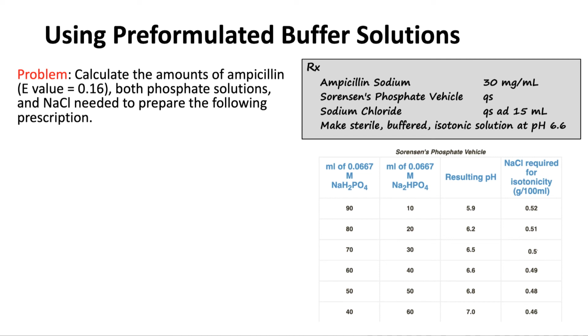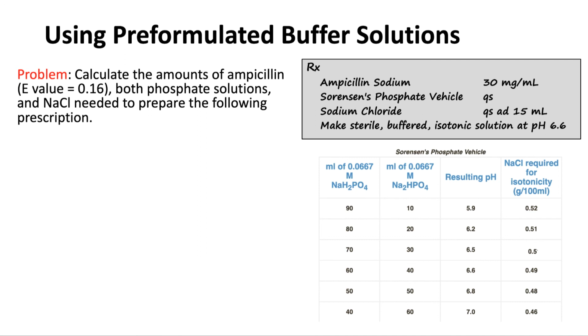Okay, now we can take into consideration the relative volumes of the commercial solutions we're using for our Sorensen's phosphate vehicle. As a reminder, it's really nice to be able to use these pre-prepared solutions, and they come in the same concentration. So we have one solution of 0.0667 molar of the monobasic sodium phosphate.